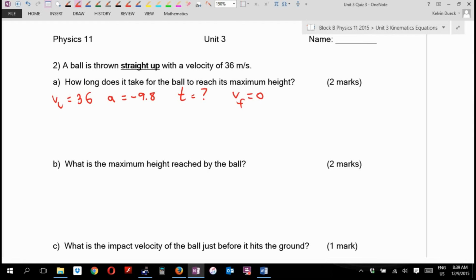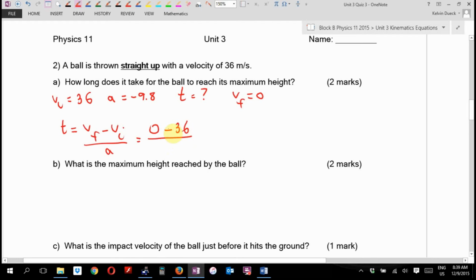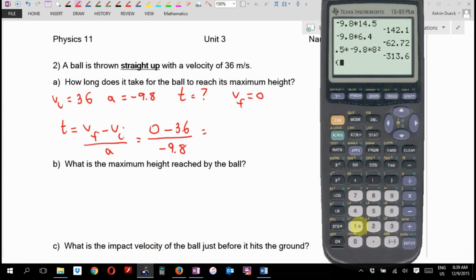I think I can go like this. T equals VF minus VI over A. Yes, I think. 0 minus 36 divided by negative 9.8. Do you get 3.673?